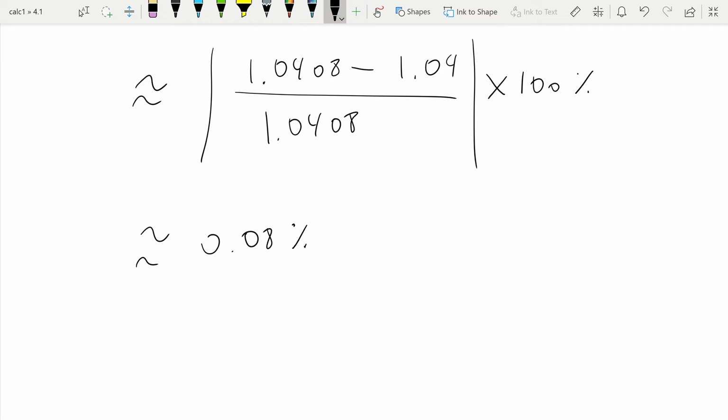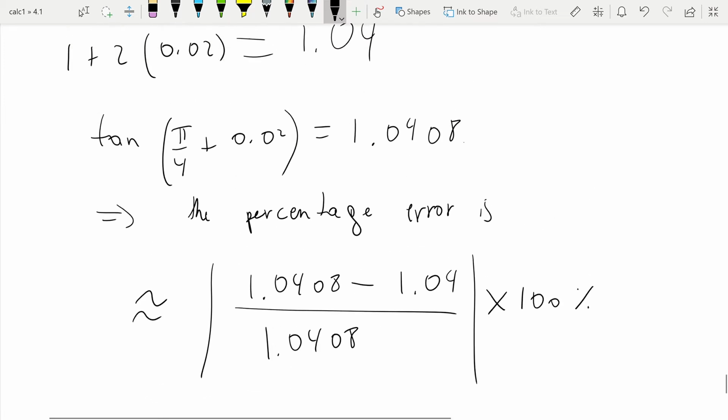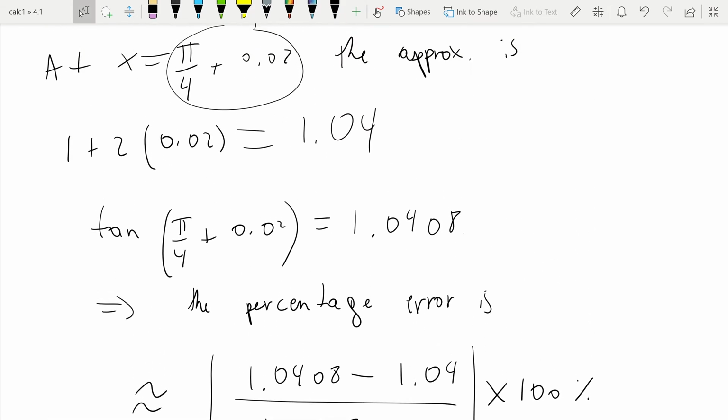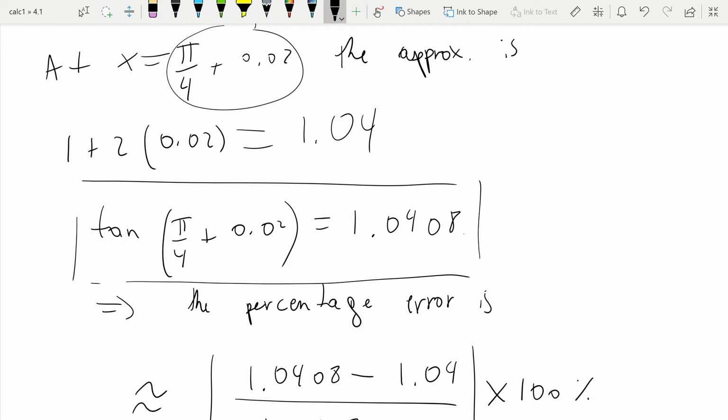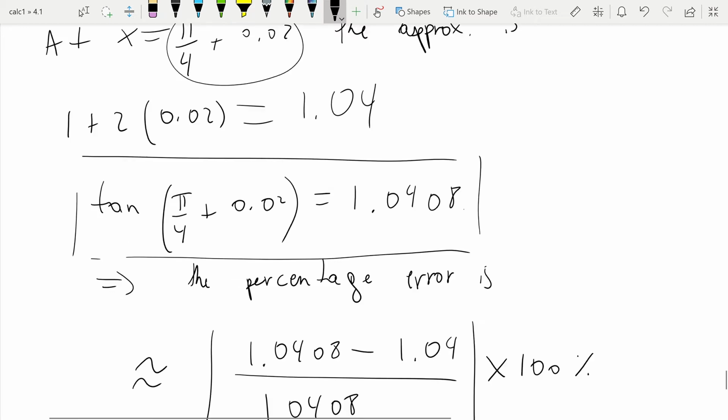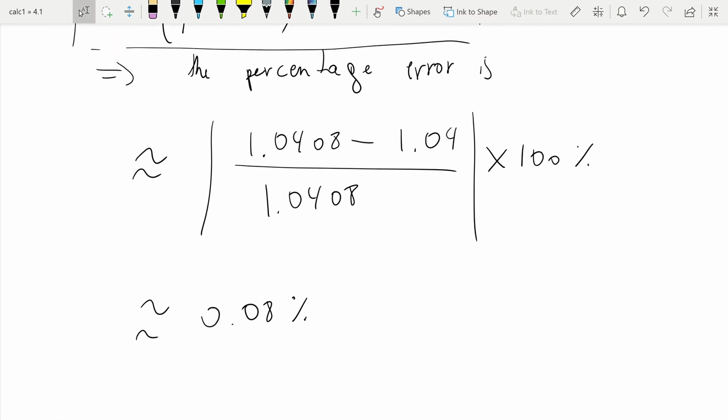Even when you take into account the percentage error, which measures how big your error is compared to the actual value of the function. Because we know the actual value of the function, we can tell the percentage error is very small.